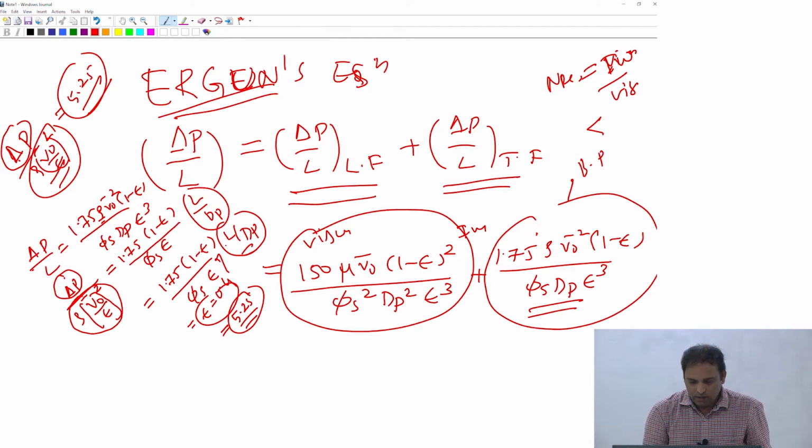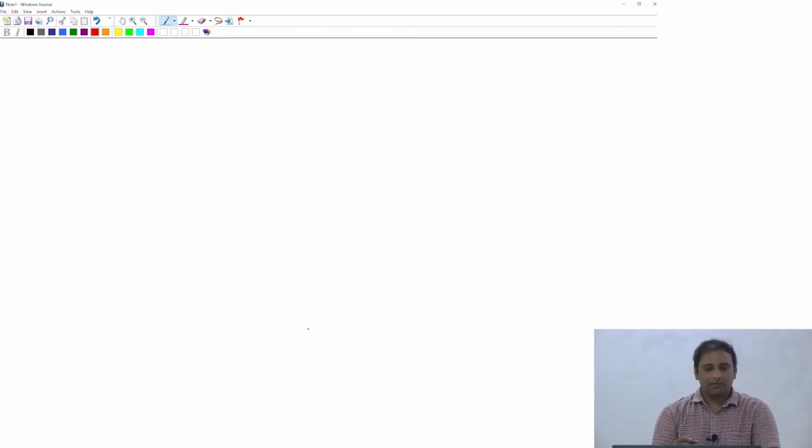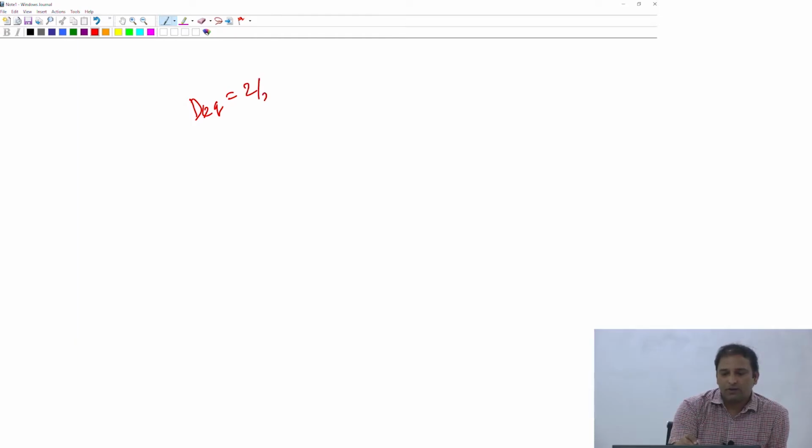Any questions so far? You can also think about this now that we know what D equivalent is, which is 2 by 3 into phi s into dP into epsilon divided by 1 minus epsilon.